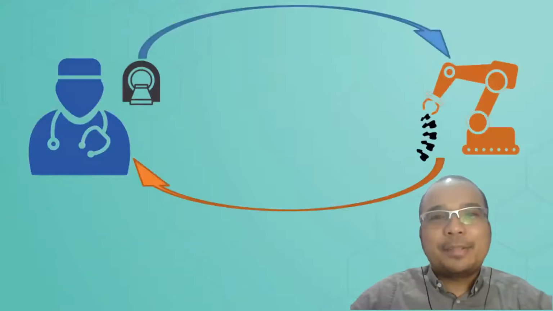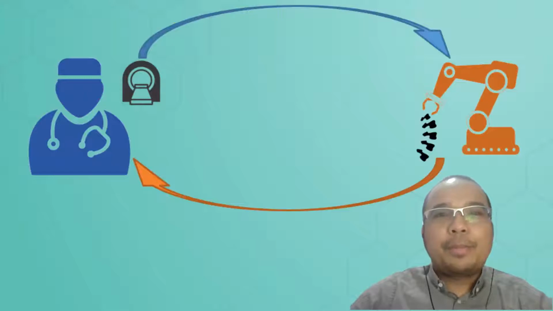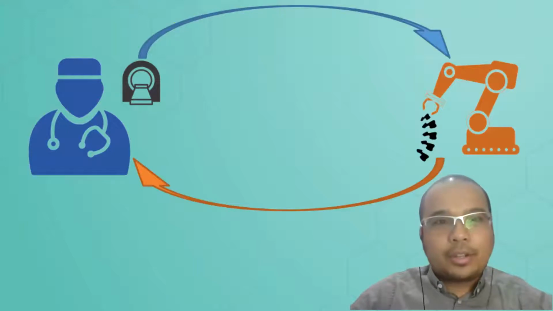Now let's start this presentation with the usual process of medical professionals, doctors, and surgeons who would want to use anatomical models. Usually, the doctor or the surgeon gets the DICOM file from either MRI or CT scan.